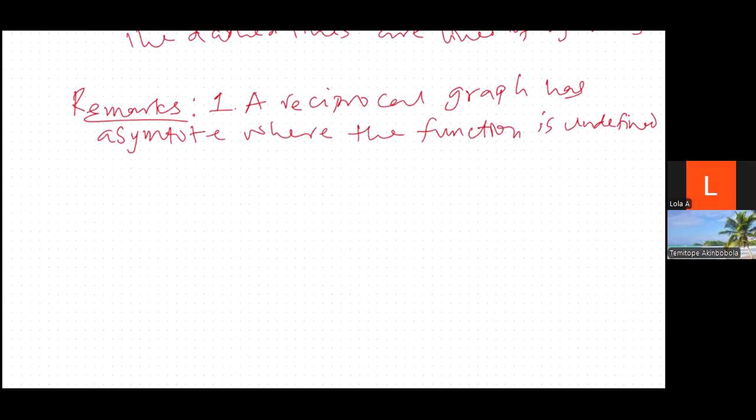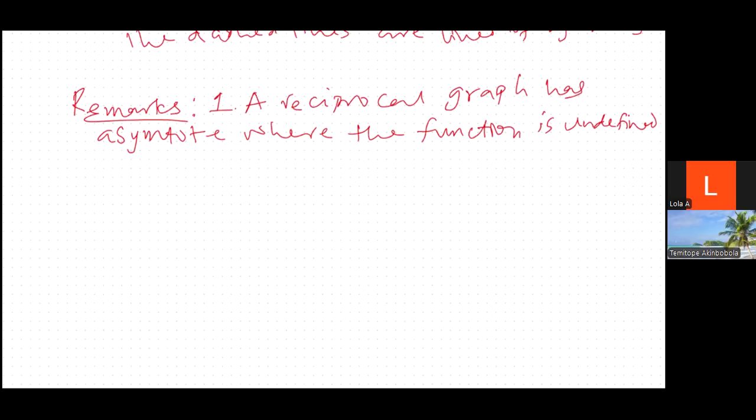Yeah, sorry, I'm back. So I said a reciprocal graph has asymptote where the function is undefined. Is there going to be a P in the asymptotic? Yes, when you say asymptotic, when you say asymptote, you are correct. Both are the same. So you may put it this way: a reciprocal graph is asymptotic where the function is undefined.